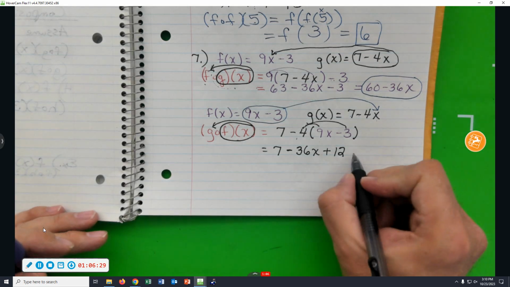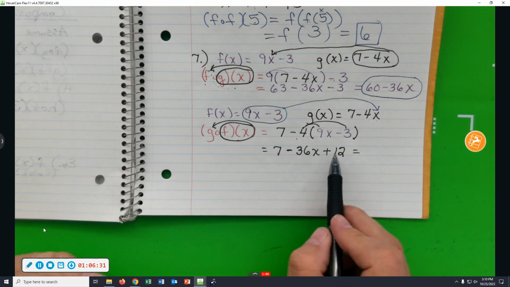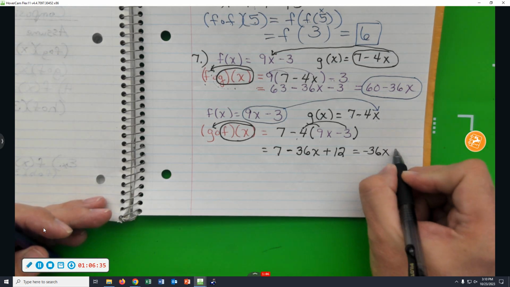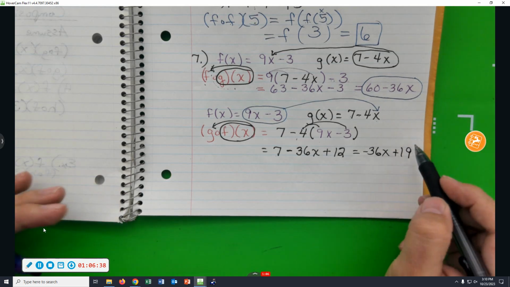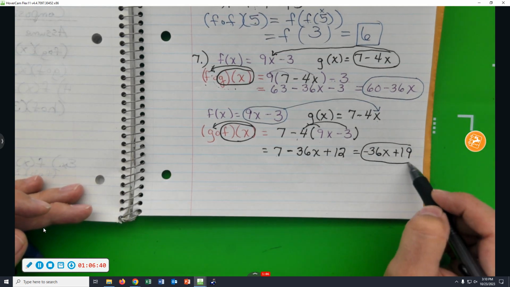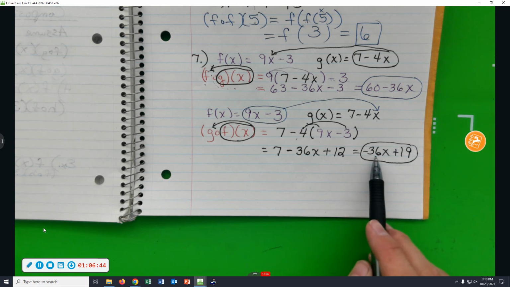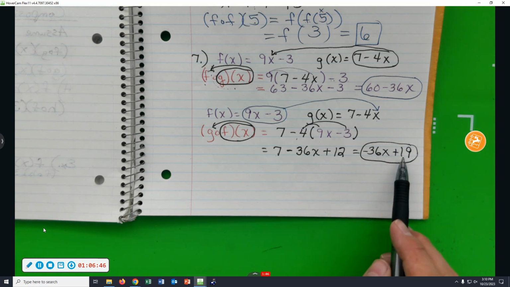And once we combine the like terms, what are we going to have? A negative 36x plus 19. Or if you want to say 19 minus 36x. But really, this is better. I think you're less likely to want to subtract the negative 36 or combine the negative 36 and the 19.